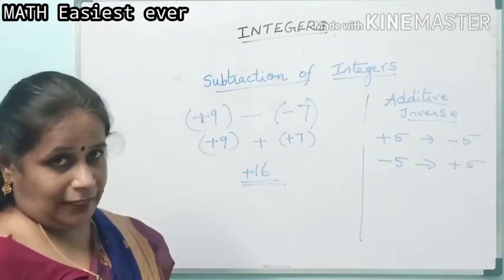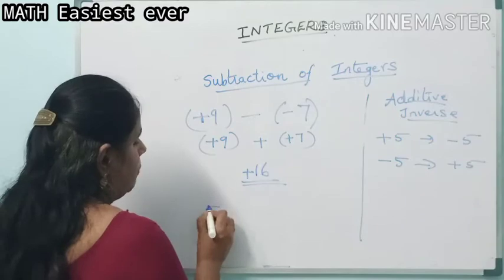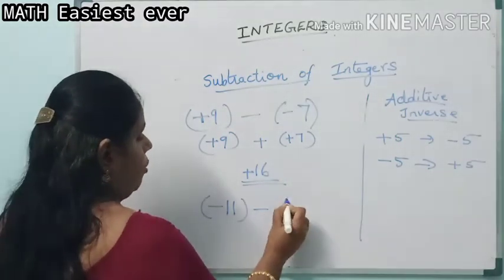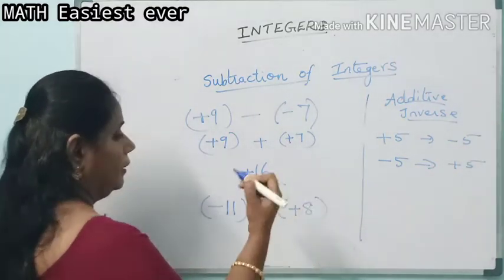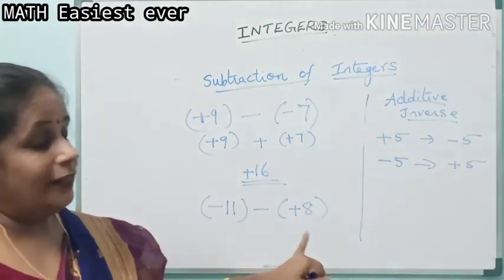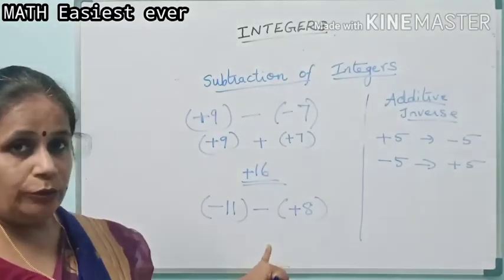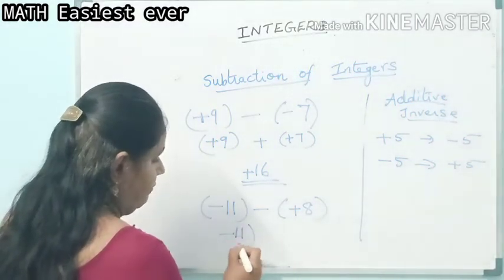Hope it is clear. Then one last example we'll do. Minus 11, and subtract plus 8 from it. Negative integer and positive integer, how do you subtract? So what do you do? First integer, have it like that itself, minus 11.